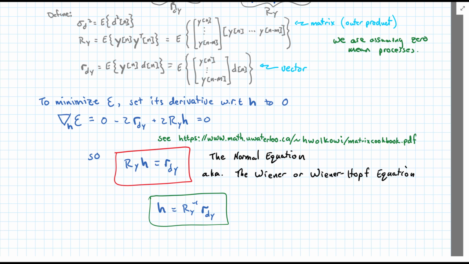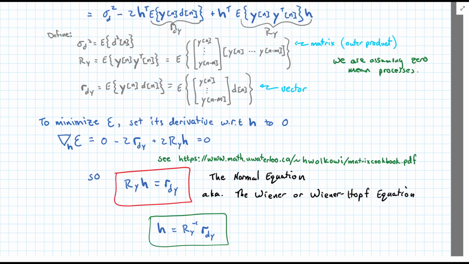So this was the solution for a real system where we have real inputs and real observations. What happens if we have complex observations and complex inputs?